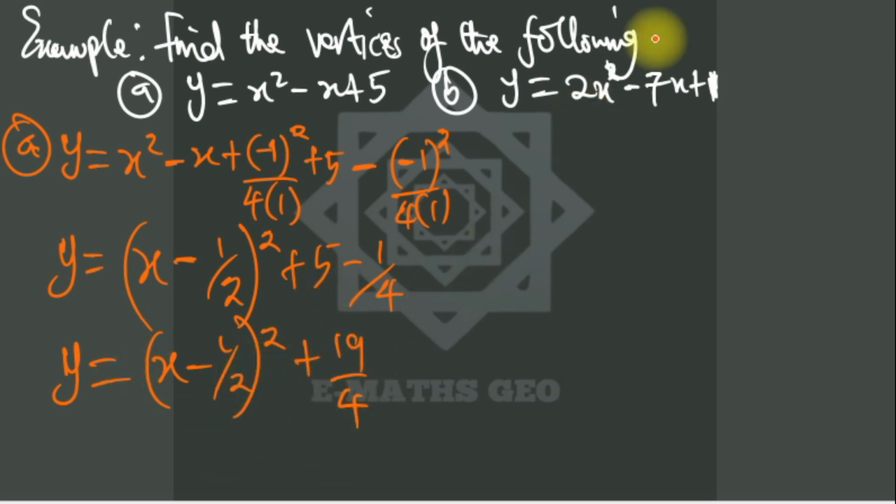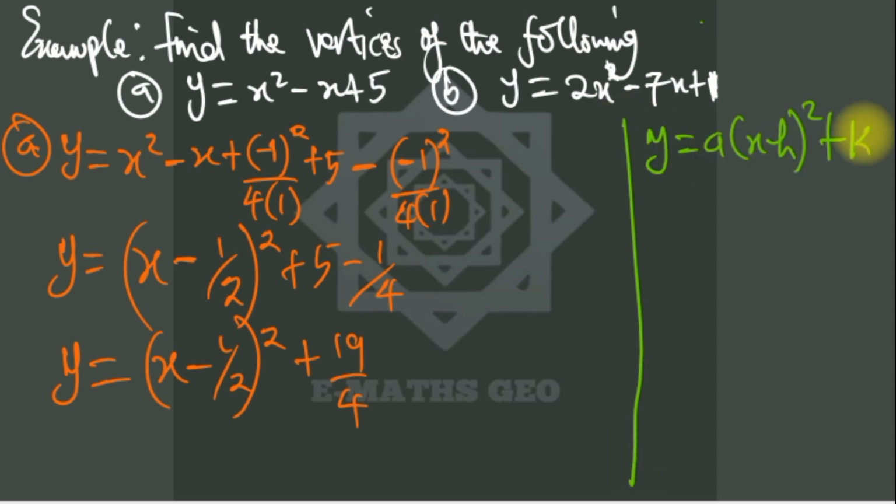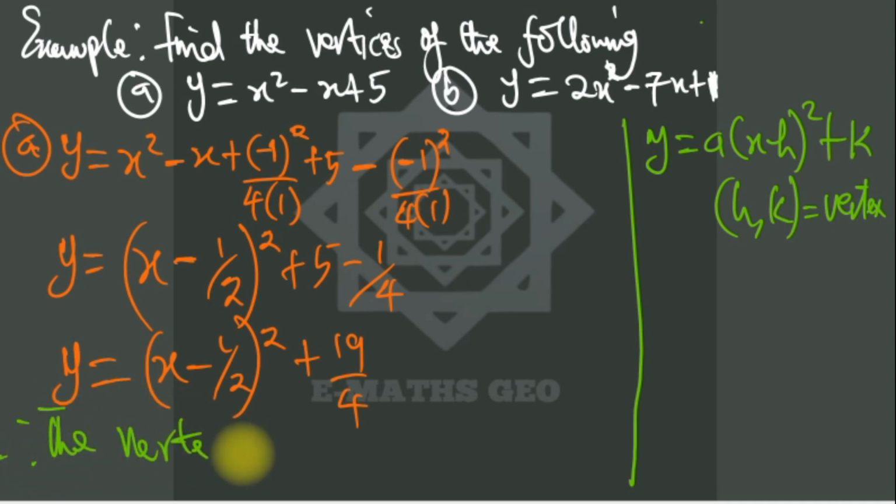Yes, because our general form of the quadratic is always y equals a(x minus h) squared plus k, where (h, k) is the vertex. Therefore, the vertex is (1/2, 19/4). So that's what we are looking for, the vertex of this.